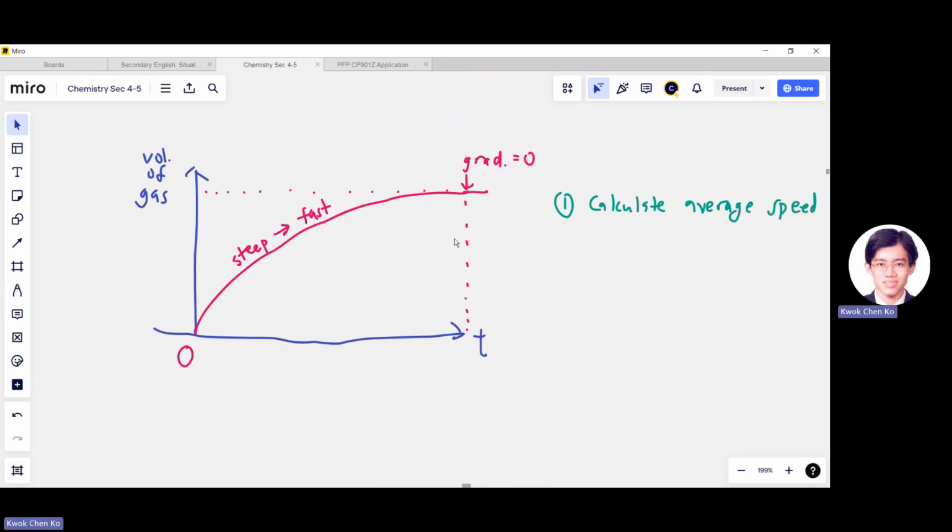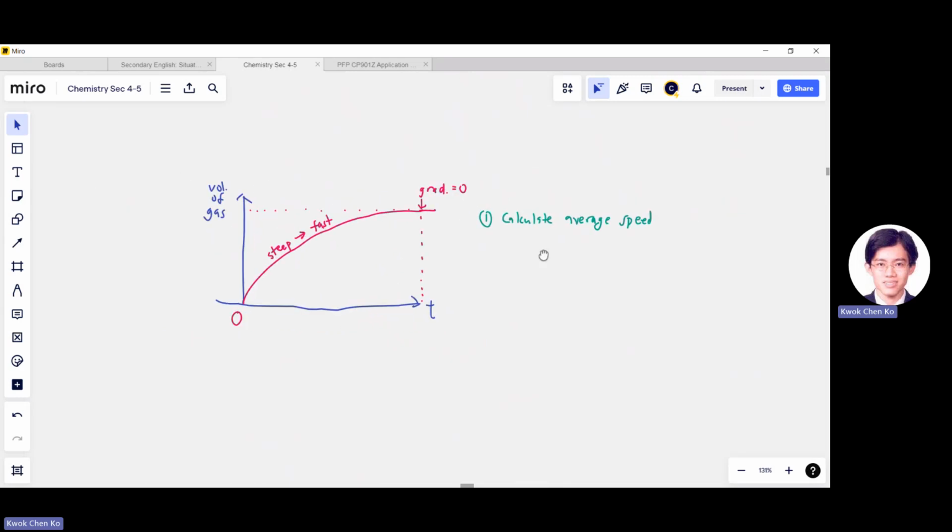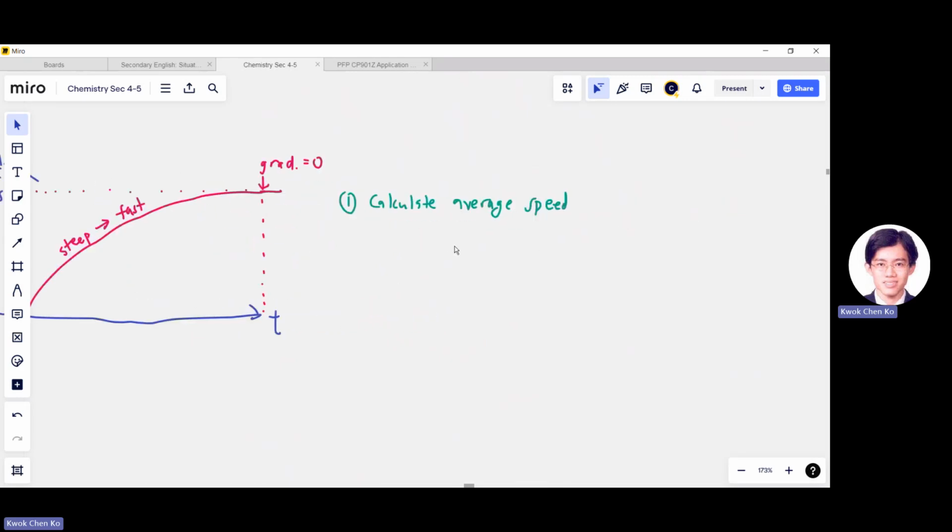The word average is important. If you think you won't make a mistake, then no need to write it down, but I told you already, average speed of reaction. It goes to total volume over total time. But once it's total time, it's the time at which the reaction stops.